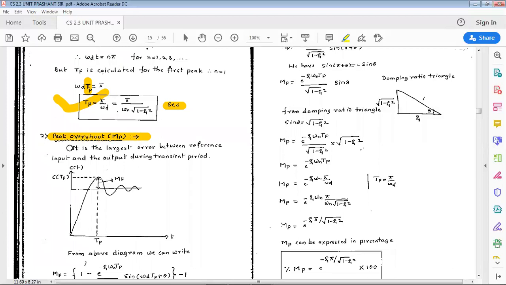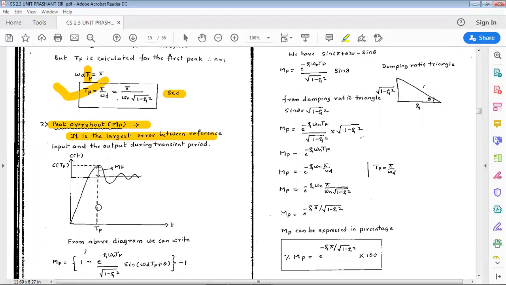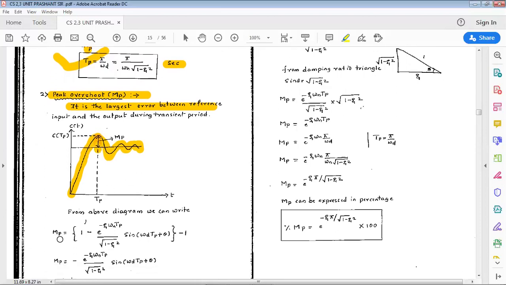It is defined as the largest error between the reference input and the output during the transient period. We can observe the graph here, c of t versus t, where the response is oscillating like this. This height Mp is the peak overshoot at t equal to tp. We know Mp is equal to c of t minus 1, meaning c of t up to this point, from which we should subtract unity to get Mp.